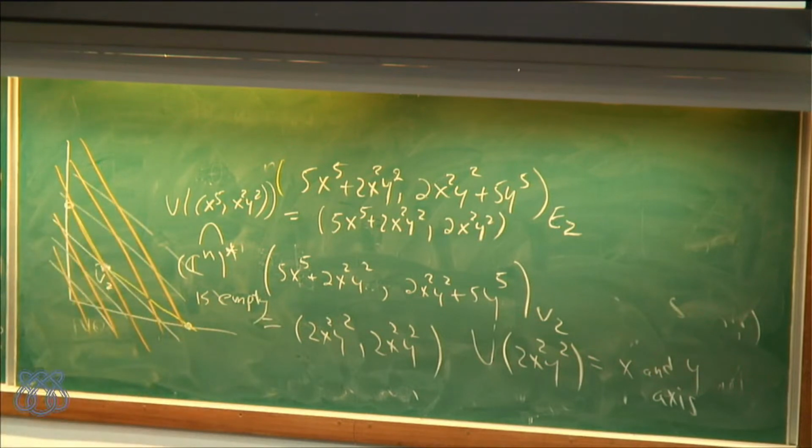Now, in this example that I did, one of the nice things about it was the Newton boundary intersected all of the axes. So if that happens, we say it's fit.